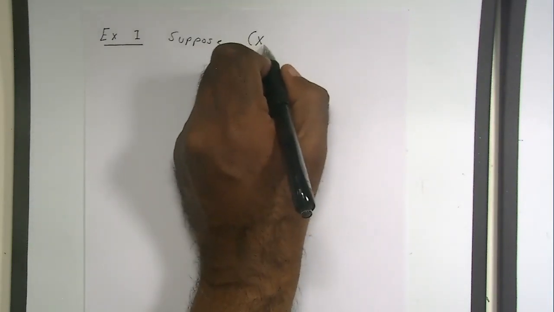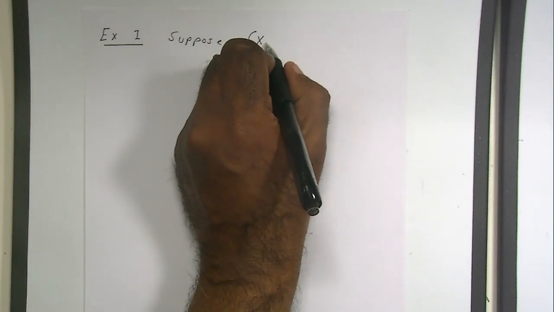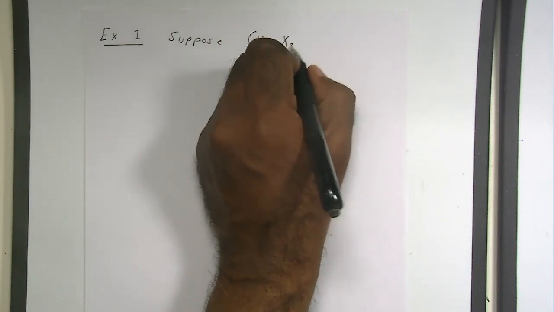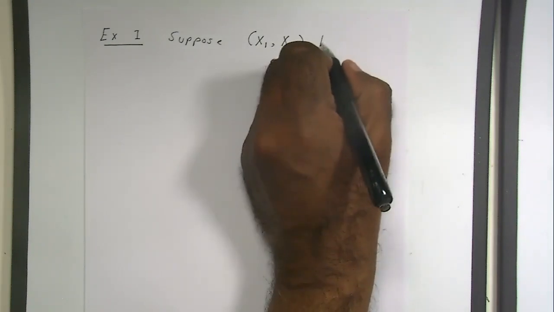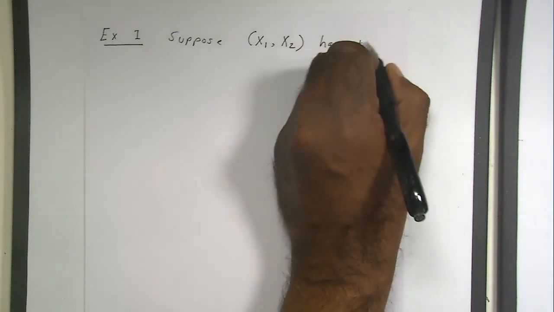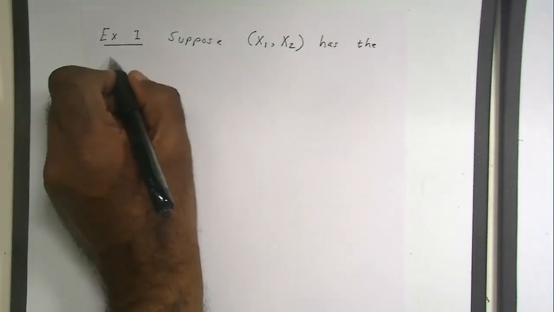Suppose x1, x2 has the joint distribution given here.